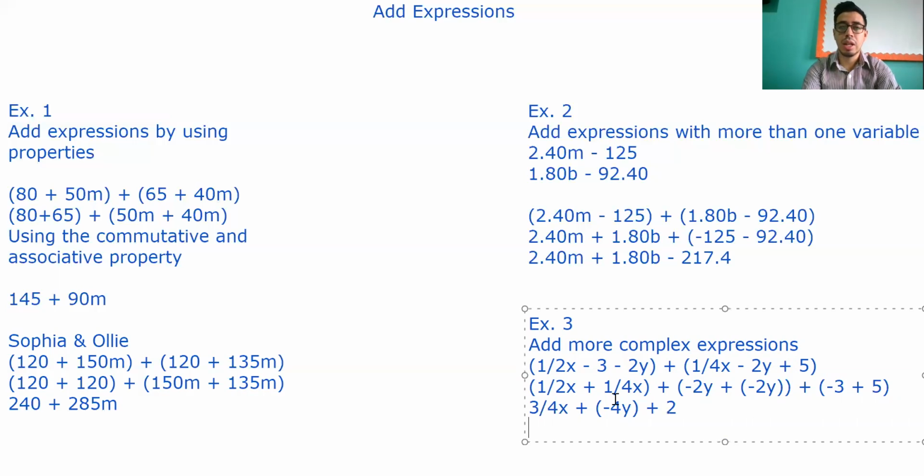You can try the exercise again, okay, and solve it, so you can be sure that the procedure is correct. But remember that it's supposed that you already know how to solve the exercise. I'm only showing you that you separate depending on the variables, and you add or subtract. So the final answer is 3/4x minus 4y plus 2.